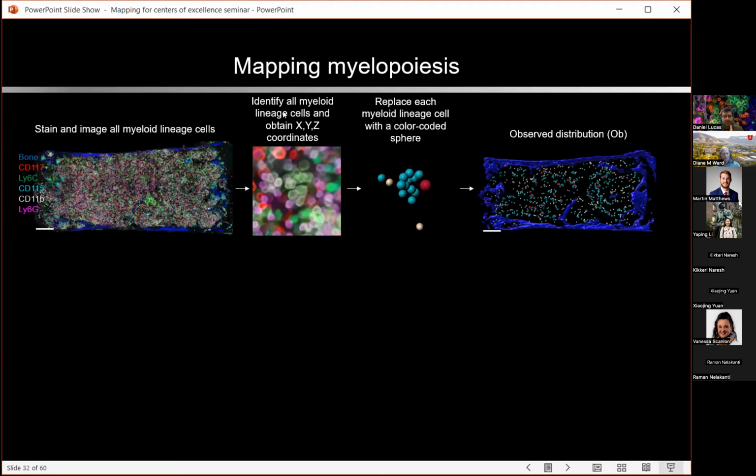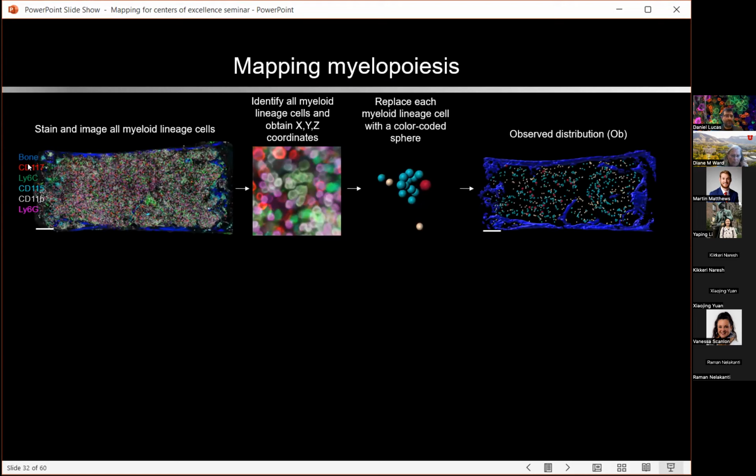So in this case, for this paper, where we map myelopoiesis, what we did was stain and image the myelogenic cells in a full bone. For us, this was very important to make sure that we were capturing every single cell in the bone and not regions where some cells might be over and underrepresented.